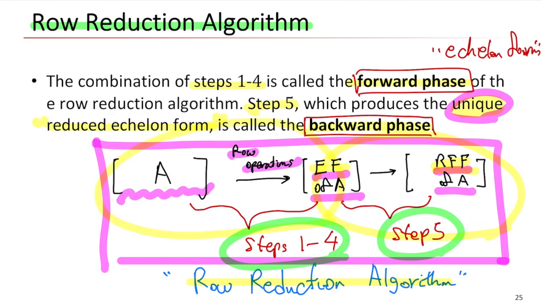Okay, so notice that for each matrix A, there is only one unique reduced echelon form, right? So if the original matrix A is changed, the reduced echelon form also should be changed, and there is only a single unique reduced echelon form of each matrix A. Okay, so it was a very important theorem, right?